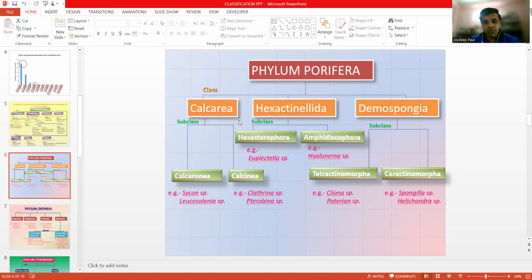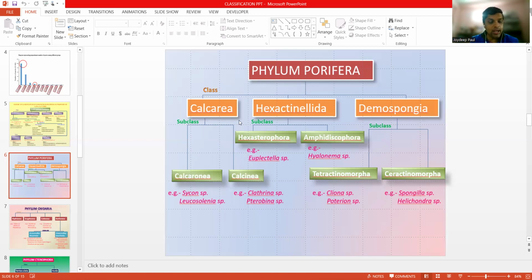Class Demospongia can be further subdivided into two subclasses. First one is Tetraactinomorpha, spicules made up of siliceous type, not spongy in fiber, and tetraaxon types. Example, Cleona species, commonly known as boring or sulfur sponge.